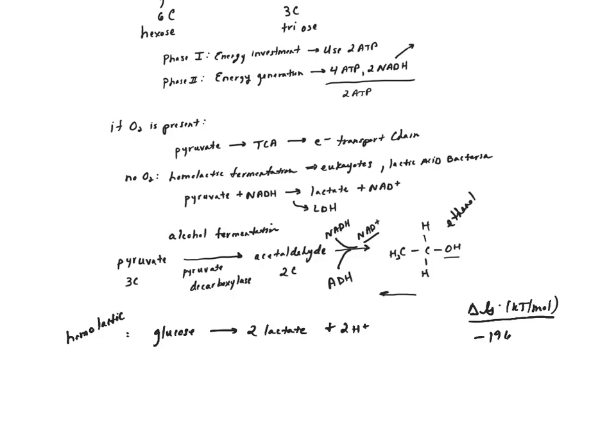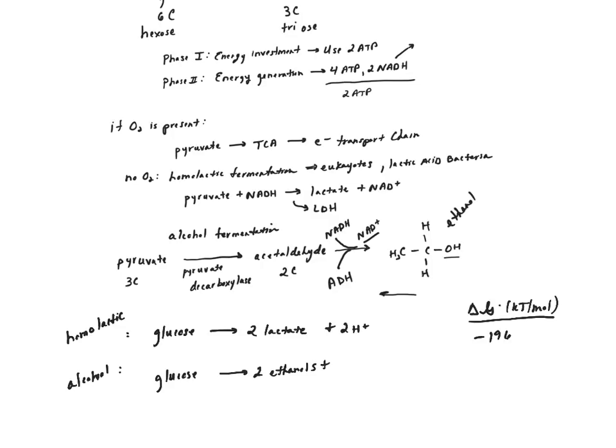Okay, so then same thing for alcohol. Alcohol fermentation, we take our glucose long term, we turn it into 2 ethanols. And then to keep track of our carbons, where do the extra 2 carbons go?